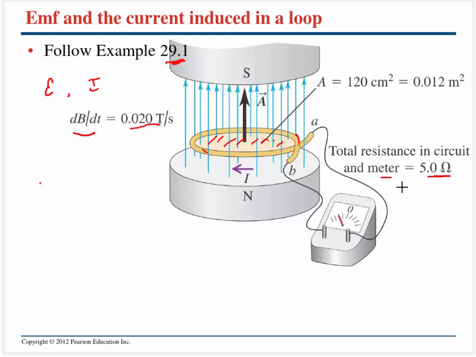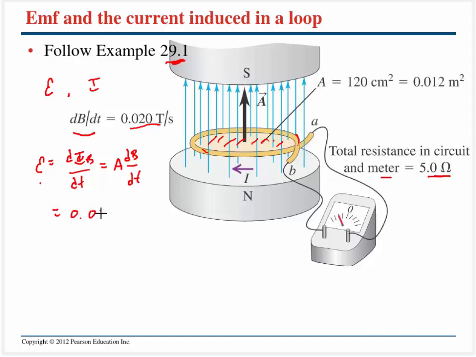We know that the resistance in the circuit is 5 ohms, so the induced EMF is equal to the change in magnetic flux divided by the change in time. In this case, area is not changing, so we have area multiplied by the change in magnetic field divided by time.